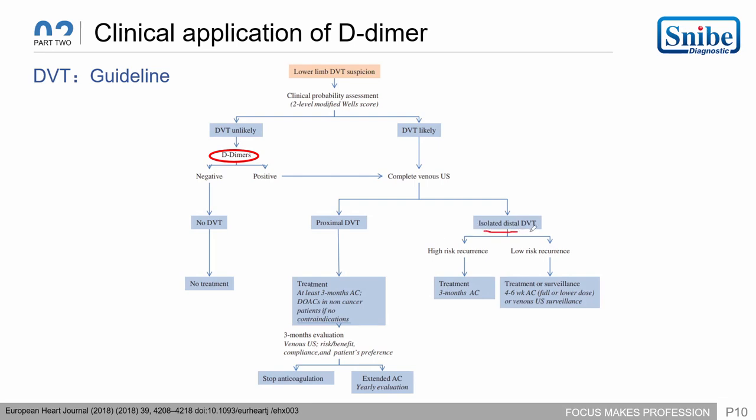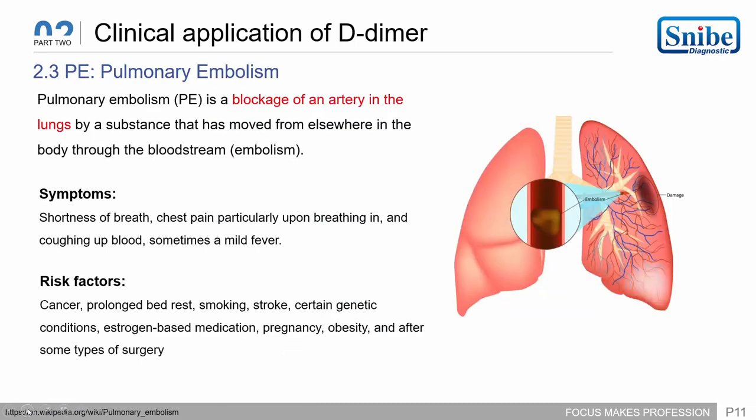In case of isolated distal DVT, a high risk of recurrence or a low risk of recurrence can be differentiated, and then treatment for 3 months with anticoagulant therapy, or surveillance, is required in some cases as well. These are from the European Heart Journal.